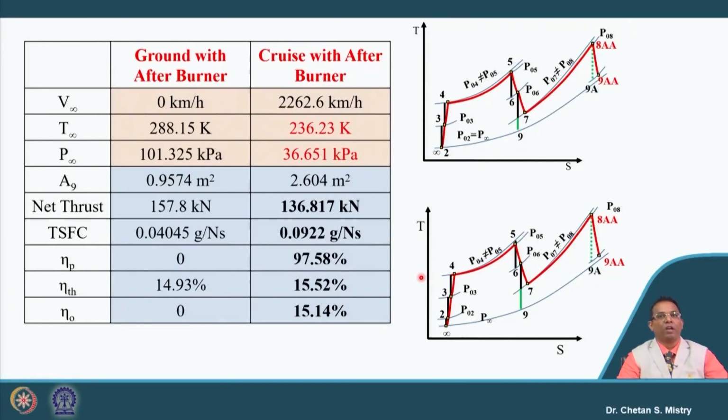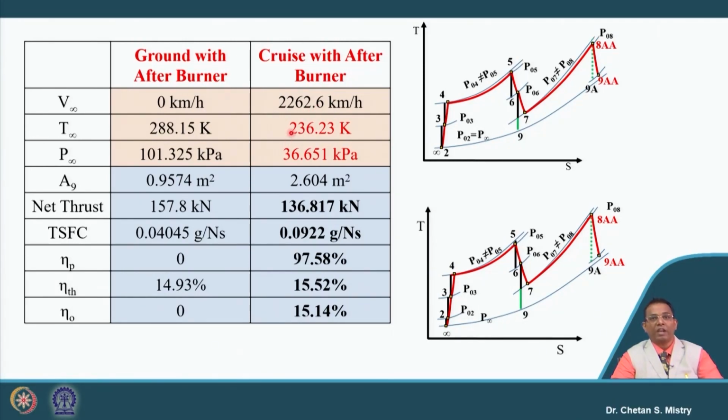Now, here we will try to compare two different scenarios. This is very important. We have discussed in this week the ground condition with afterburner in operation, and the cruise condition with operation of afterburner. Here we have our flight Mach number of 2.04.